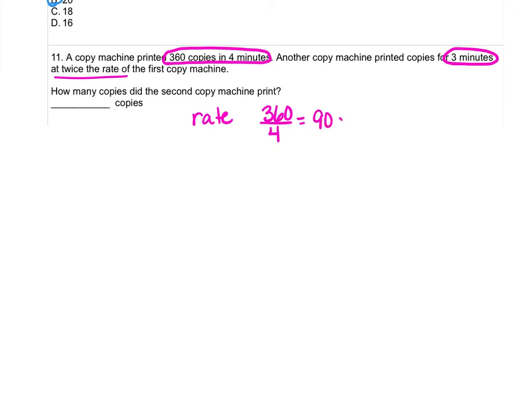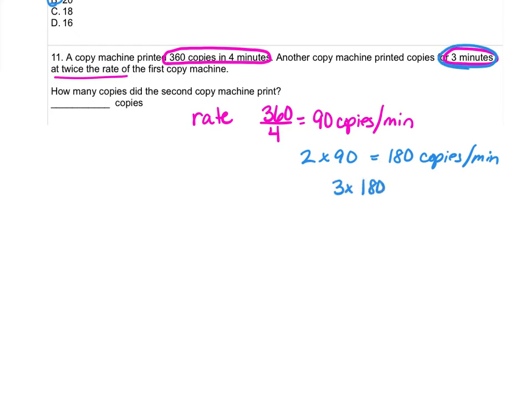That's 90 copies per minute. The next machine copied at twice the rate. So 2 times 90 is 180 copies per minute. We're dealing with 3 minutes. So 3 times 180 is 540 copies.